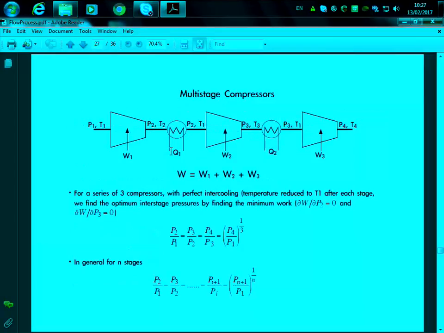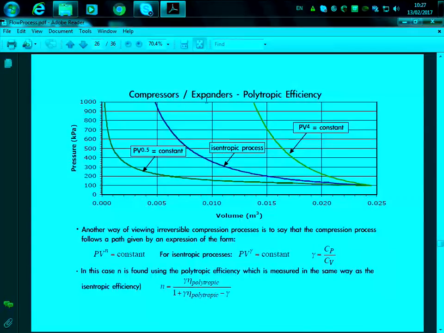And in here, we basically take an approximation, which is gamma, which explains how the process behaves, or what type of curve the process generates.